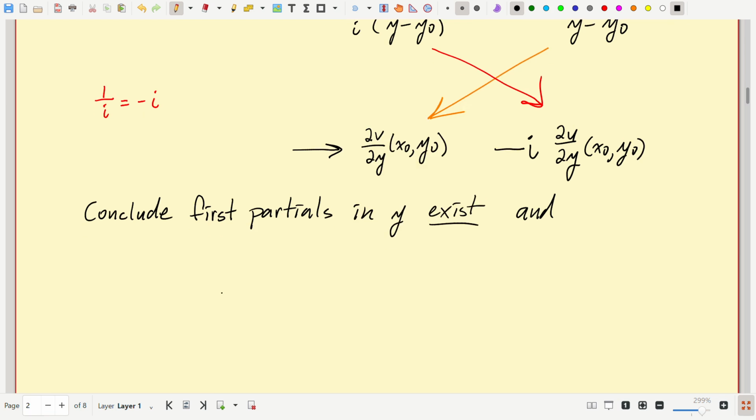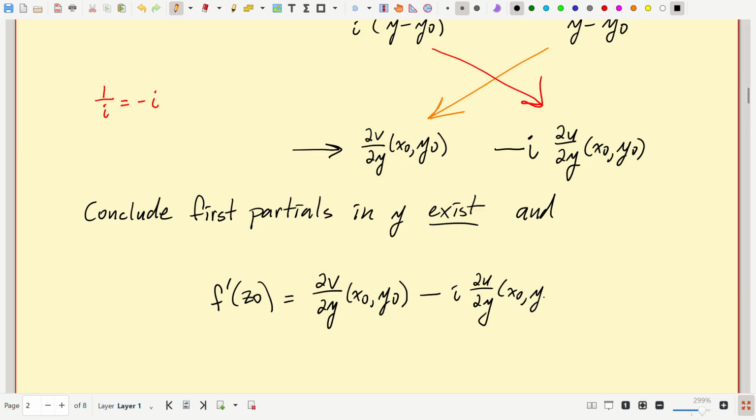And so you get red box number 2: f prime of z naught is equal to dv dy at x naught y naught minus i du dy. And that's red box number 2.